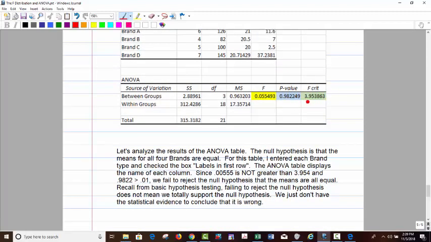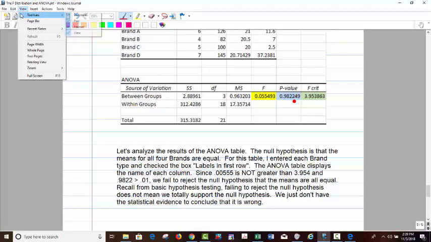Obviously, it'll just be 3.95 on the table. But the F-test statistic of 0.05 is no way bigger than the critical value, so we fail to reject. And then the p-value also should back that up, and it clearly does. The p-value of 0.98 is a really high p-value.